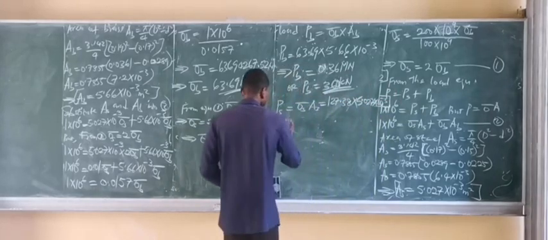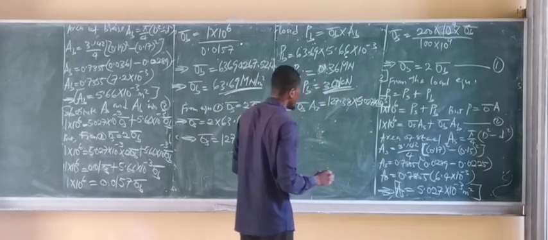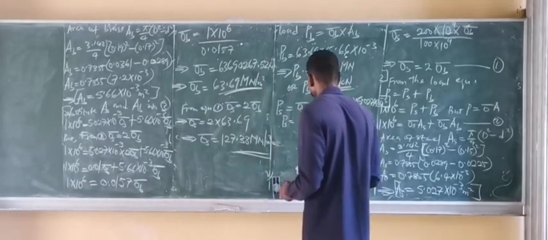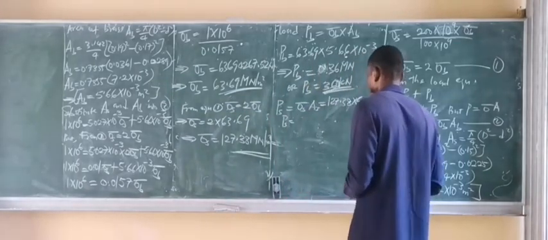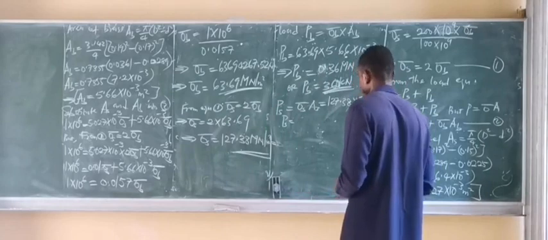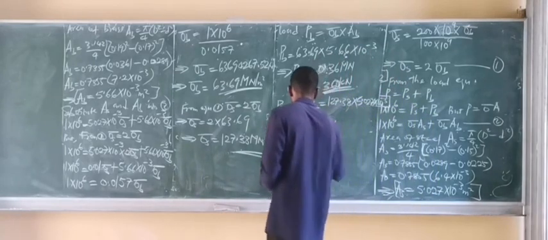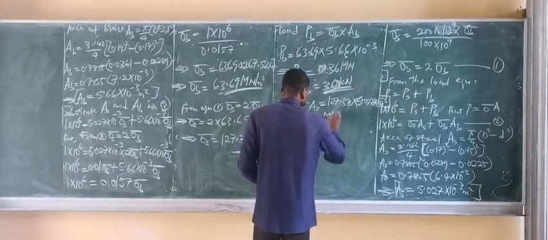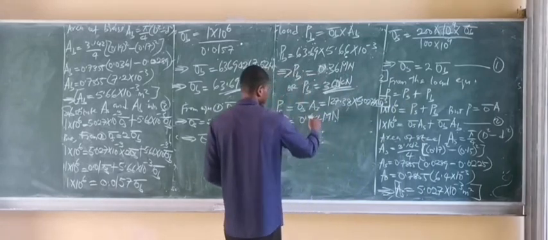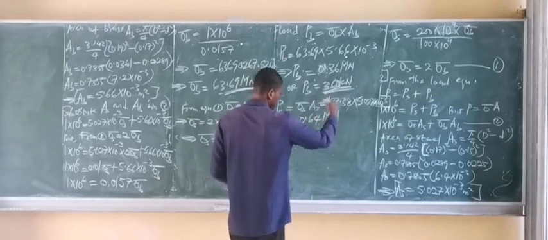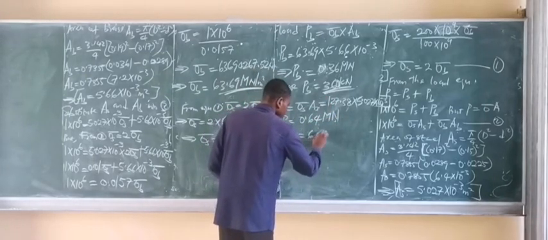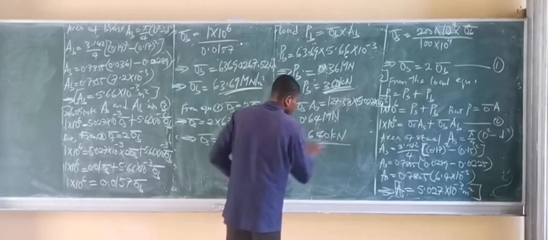So the load of steel is 127.38 times 5.027 exponential minus 3, which is 0.640339, about 0.64 mega newton. Moving 3 steps forward, you can write it as 640 kilo newtons.